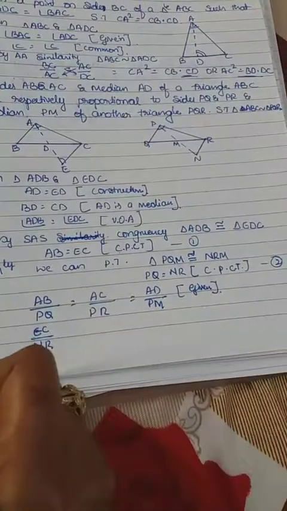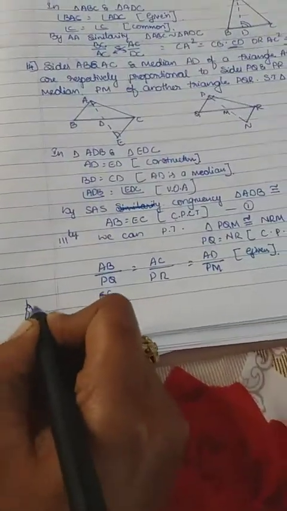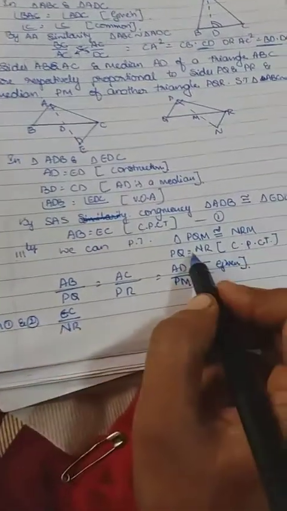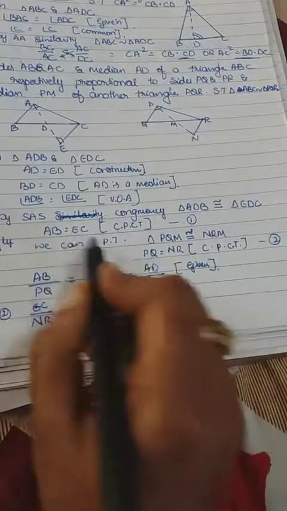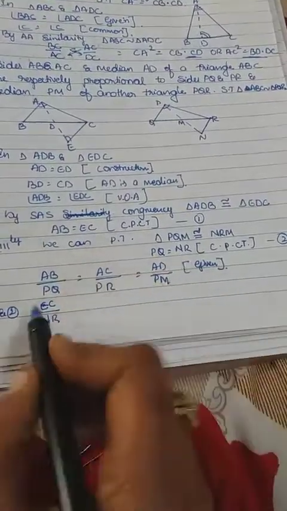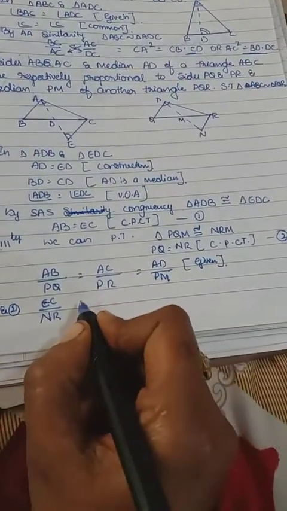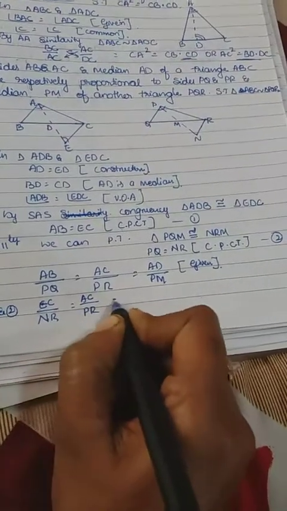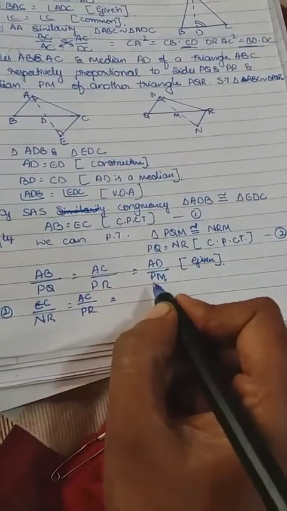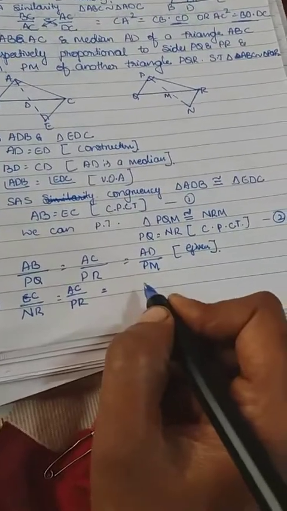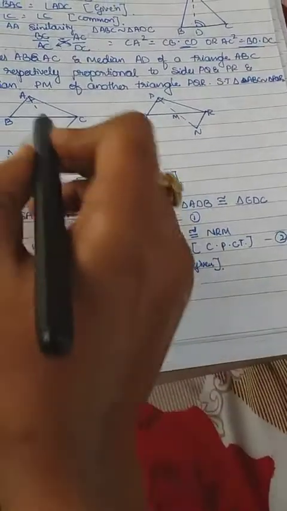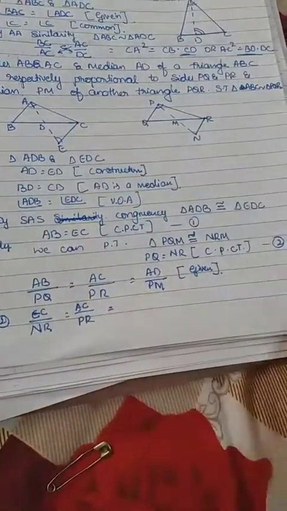If you had confusion, you have to write from 1 and 2: in the place of AB and PQ we are writing EC and NR. Equal to AC divided by PR, remaining as it is, equal to AE divided by PN.